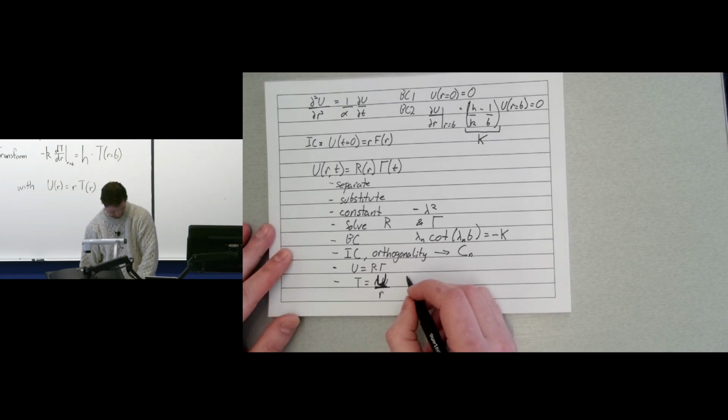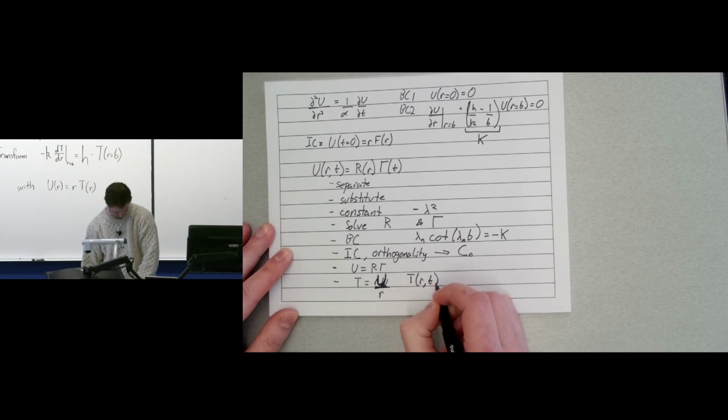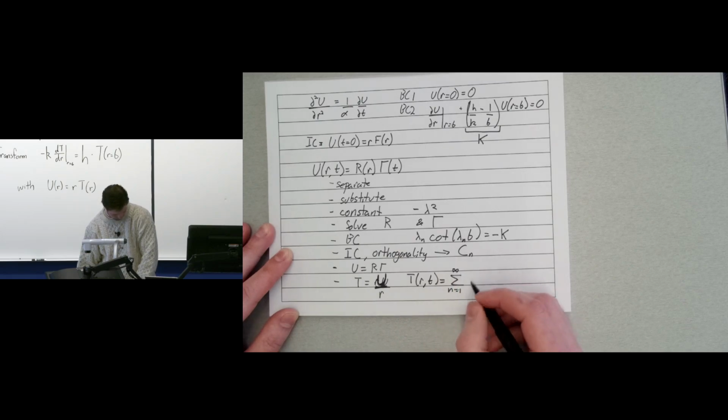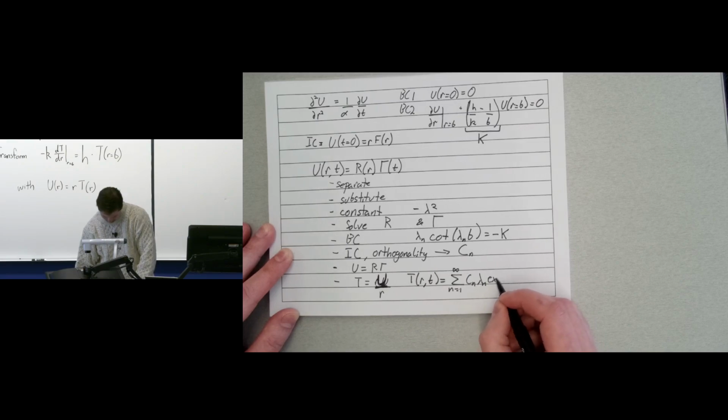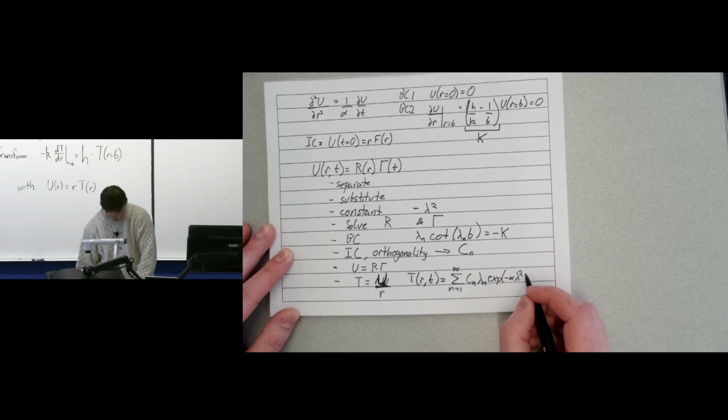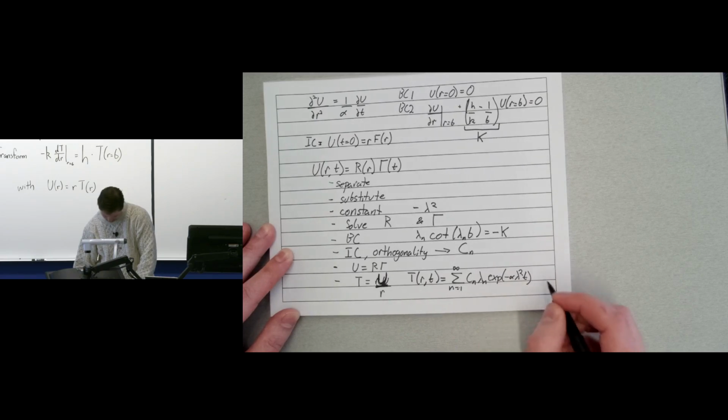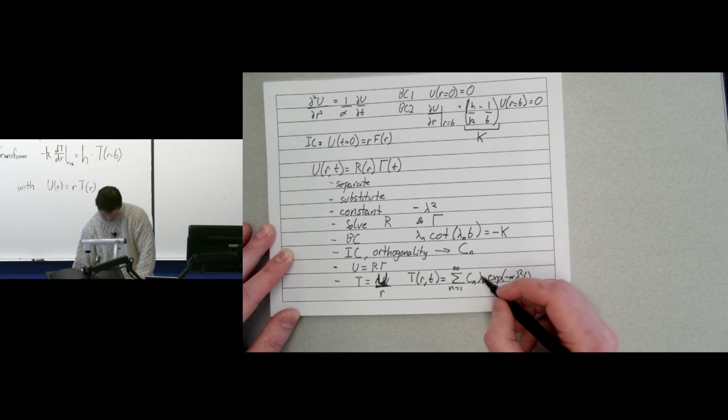And so then our actual function is going to be equal to the sum from n equals 1 to infinity of Cn exponent negative alpha lambda squared t, sorry, this lambda n shouldn't be here.